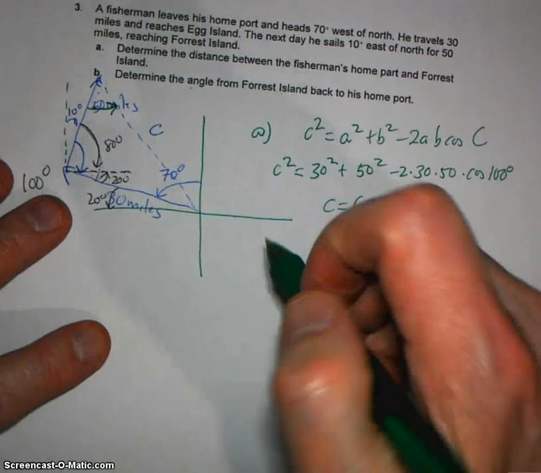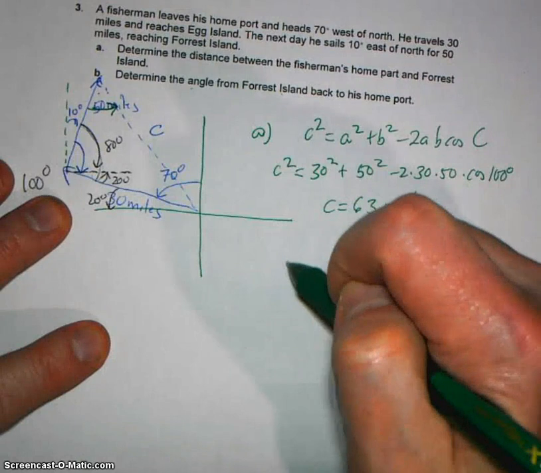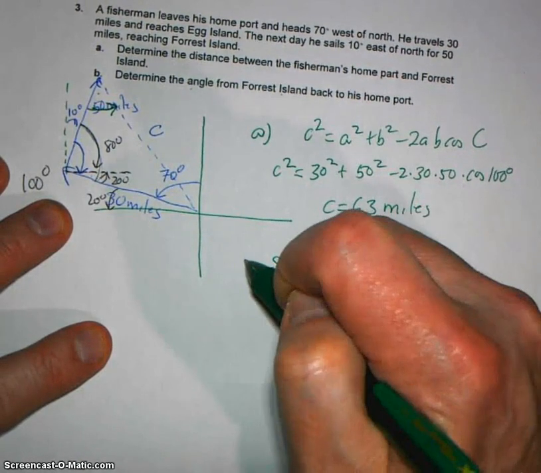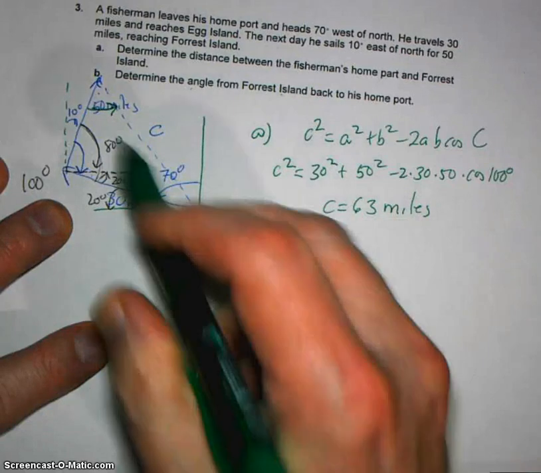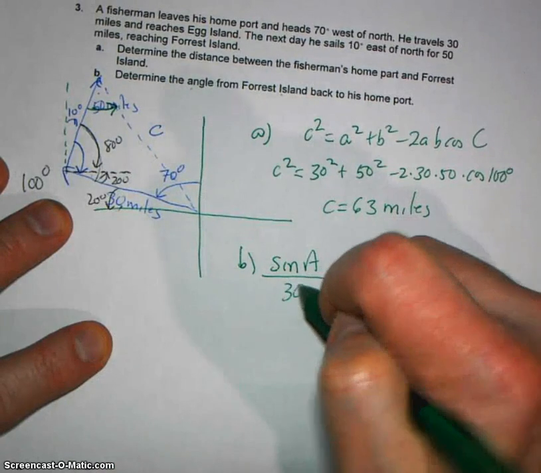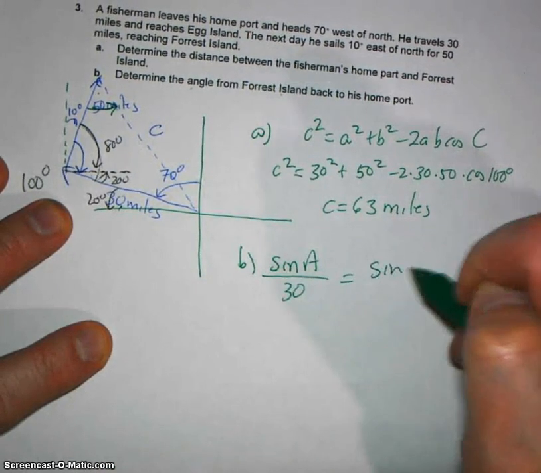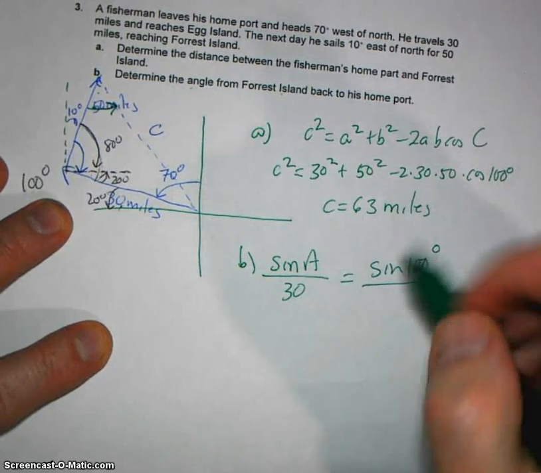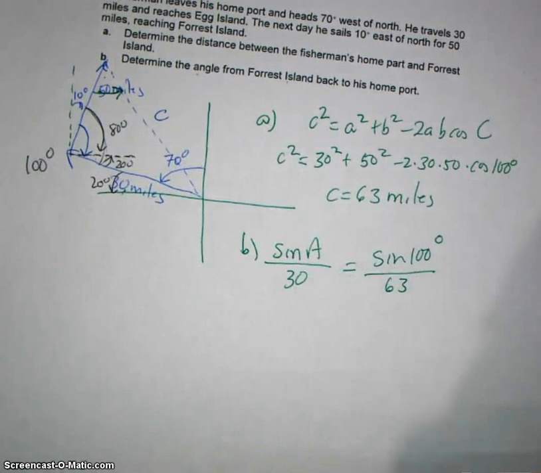Well, we can figure that out. So I'm going to call that angle A. So I would have sine of angle A divided by 30 is sine of 100 degrees divided by the 63 I just figured out.